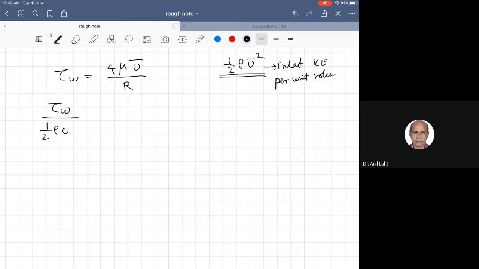So this has the unit of Newton per meter square, as that of tau w. So this is the wall shear stress as a fraction of inlet kinetic energy per unit volume. If you want to write that, this becomes u bar squared, so this 2 becomes here 8 mu u bar by R. There's a u bar, one u bar cancels.